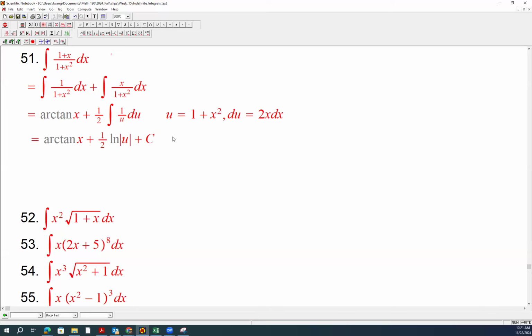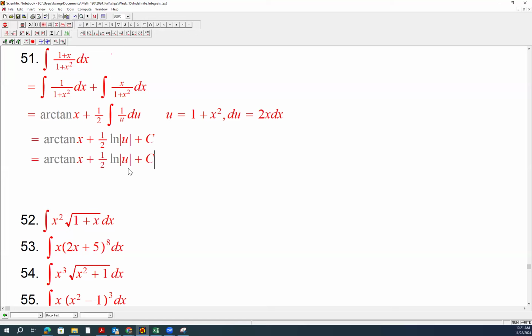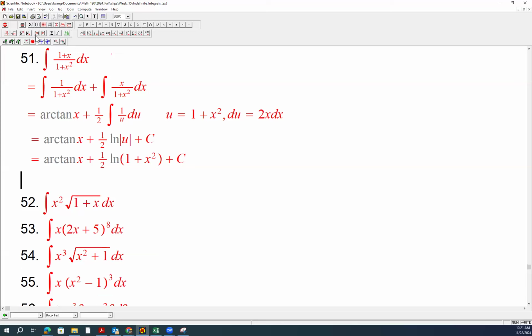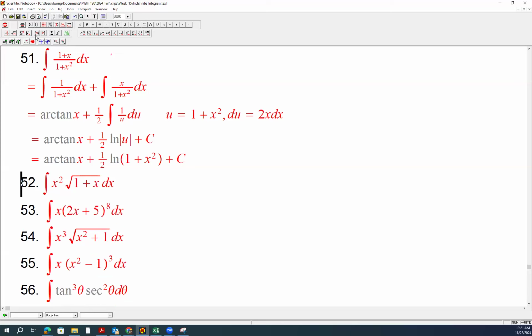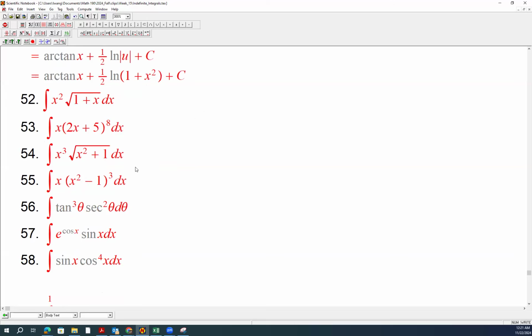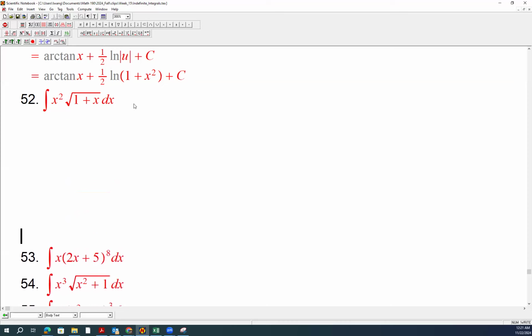The answer is yes. 1 plus x squared will be substituting u, and this is always positive, so we can drop the absolute value. Here we go. I think we're going to finish this. This one, 52, 52.